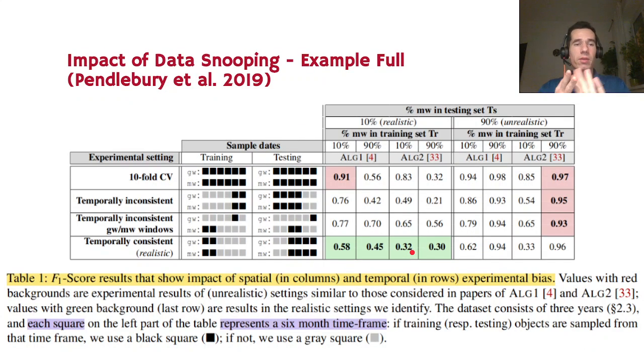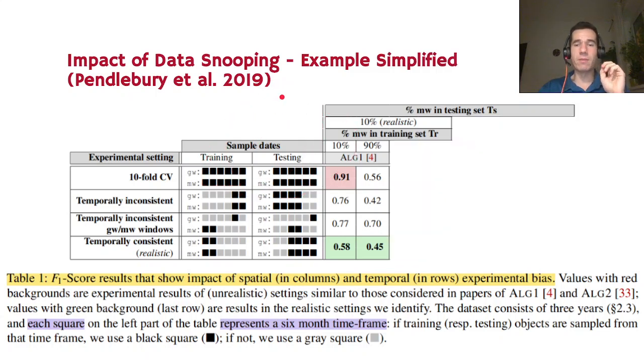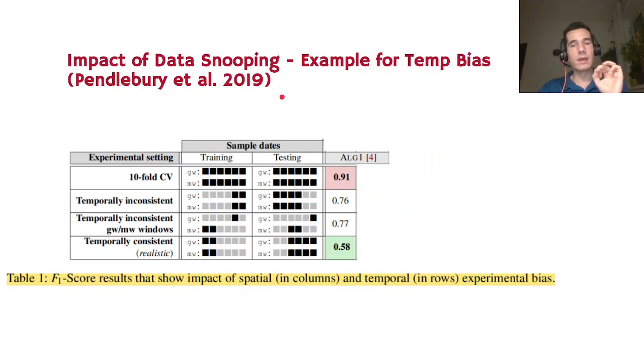This is an example from Pendlebury's paper, which discusses the impact of data snooping, but it is too complicated. So let me simplify it a bit. In this example, we will discuss what temporal bias is.